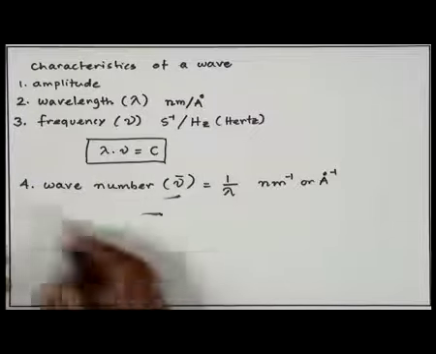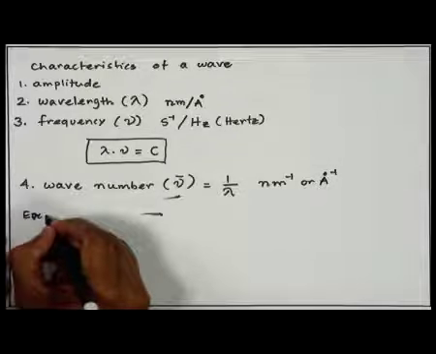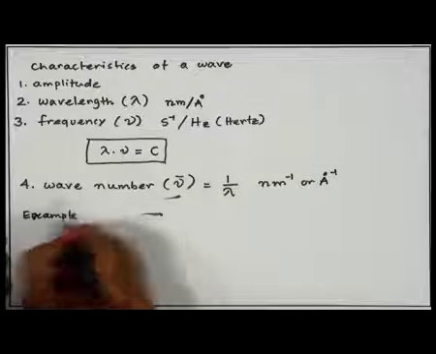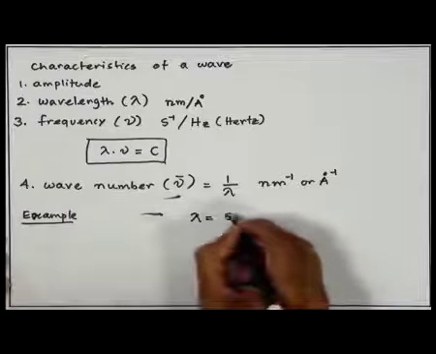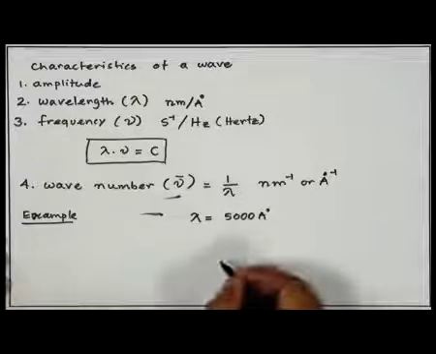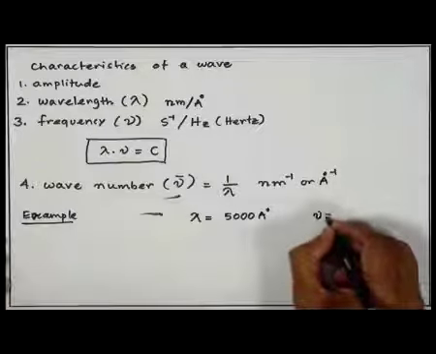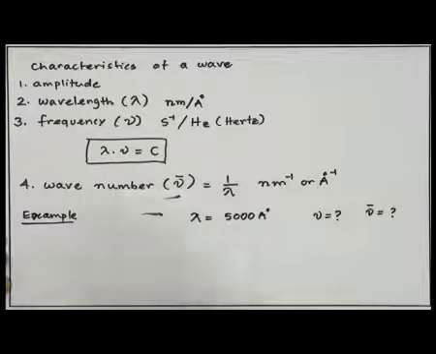We will take one small example. Let us say we have a wave whose wavelength is 5000 angstrom. Find out the value of frequency and the value of the wave number. Okay.